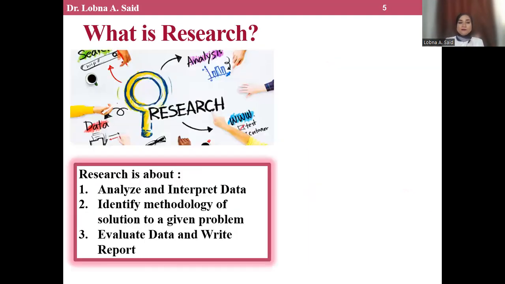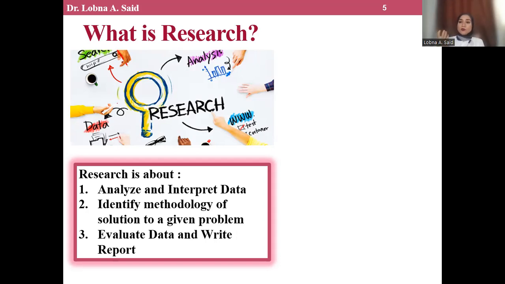Okay, so again, what is research? It's about analyzing and interpreting the data. If we get the data and we analyze and interpret it, we will be able to identify the methodology of the solution to the given problem.